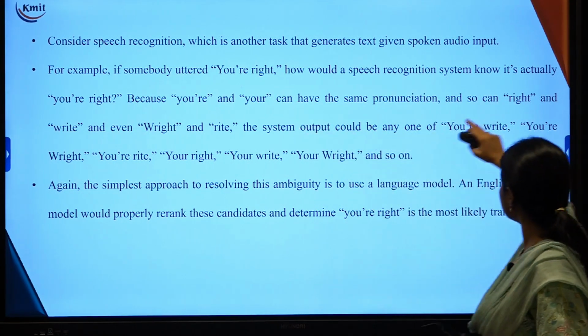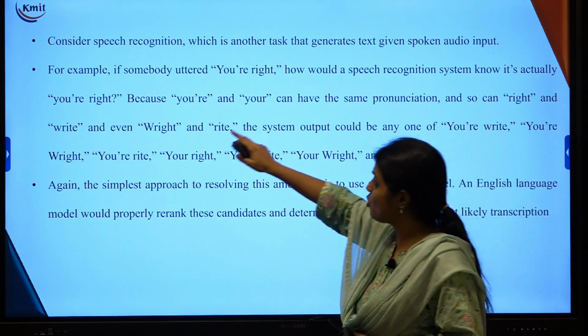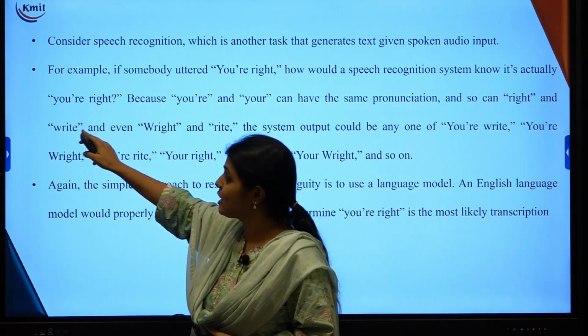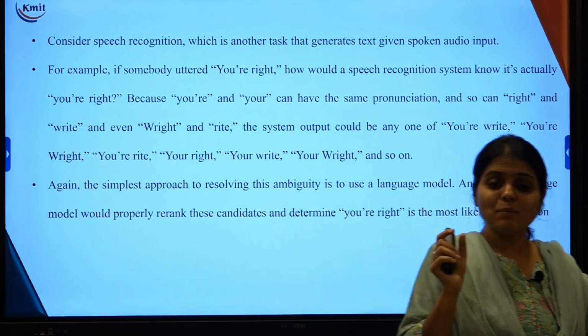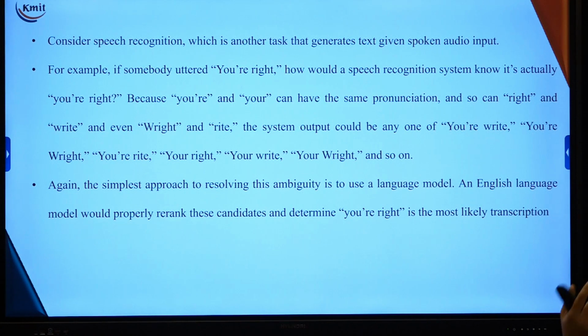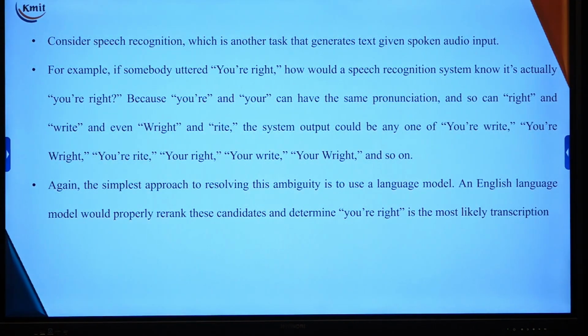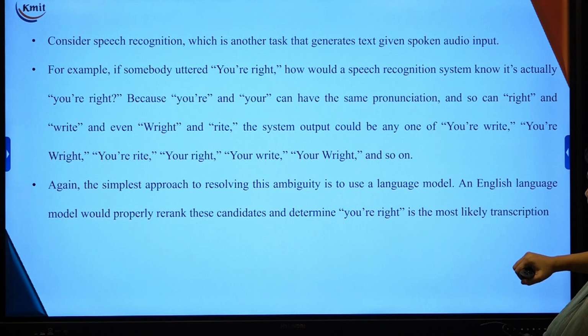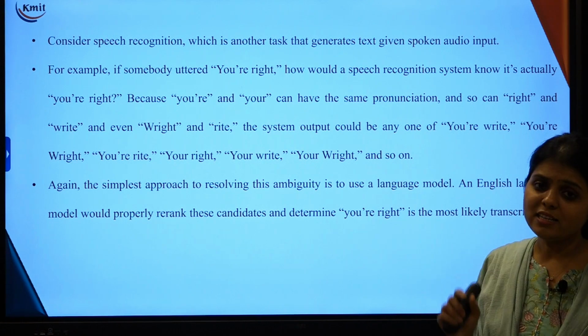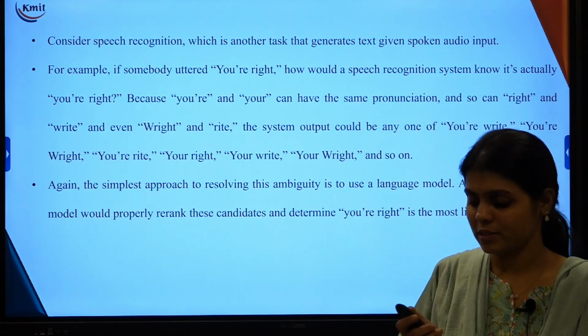The second word "right" can be RIGHT, WRIGHT, RITE, or WRITE, because all these four words are pronounced in the same way. So which one is correct in the context? This ambiguity is also resolved by using a language model. An English language model would re-rank these different candidates that are generated and identify the exact word that is suitable for the given context.